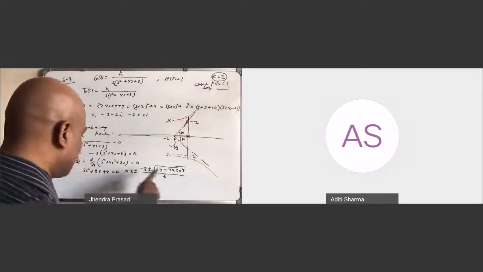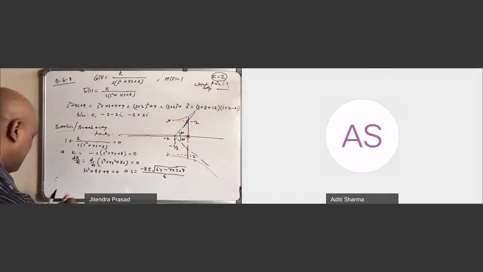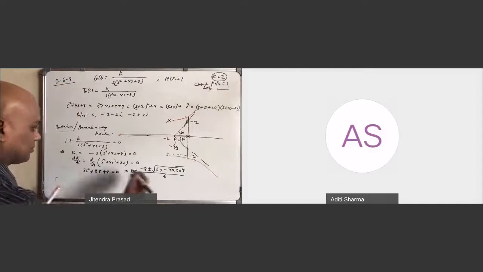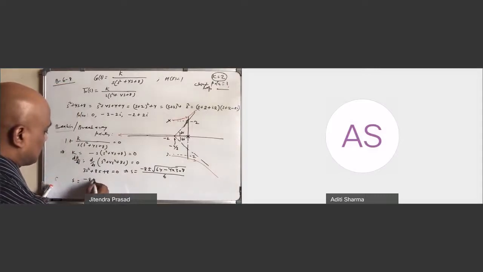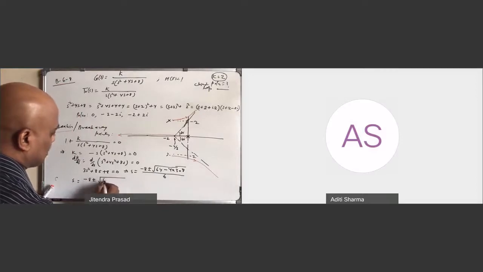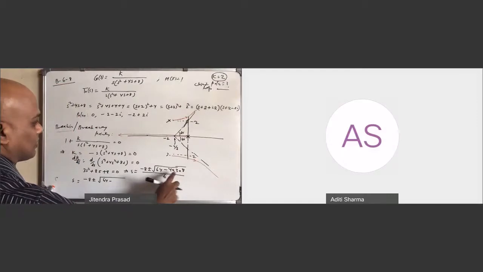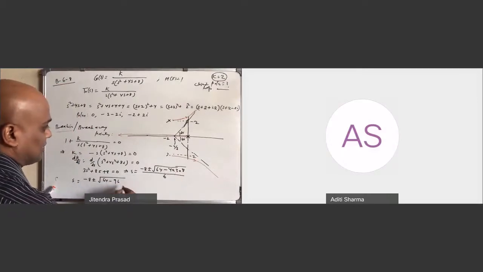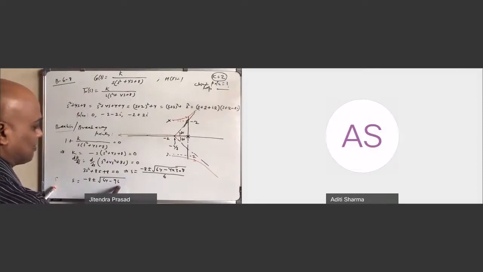Okay, so we can check it out here. What we have here is s equal to minus 8 plus minus root 64, and we get 96 here probably, right? Okay, we have 6.